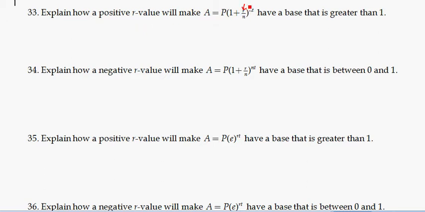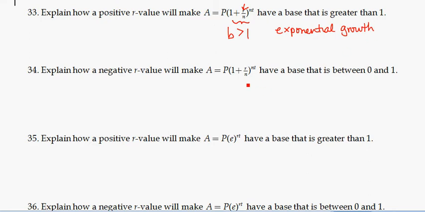So if r is positive, then 1 plus r over n will be greater than 1. Right? So we're looking at a base greater than 1. If r is positive, I'm adding something. That'll be a base greater than 1. That's going to be our exponential growth.